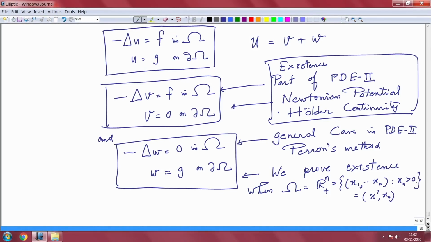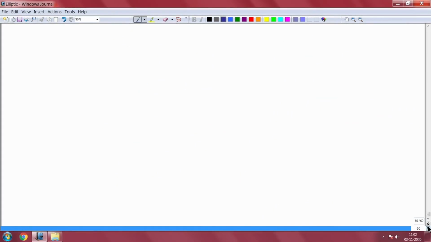That is your R n plus, the upper half space, and case 1 is this. And case 2, you prove when omega is a ball of radius r centered at x naught. So, these two cases we are going to prove in the existence theorems. All right, so that is our plan now.